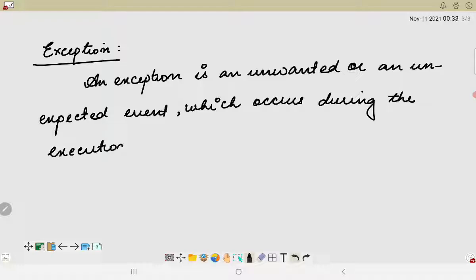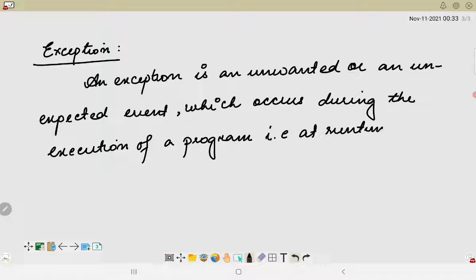What it will do is simply interrupt the normal execution of the program, and it happens at runtime.